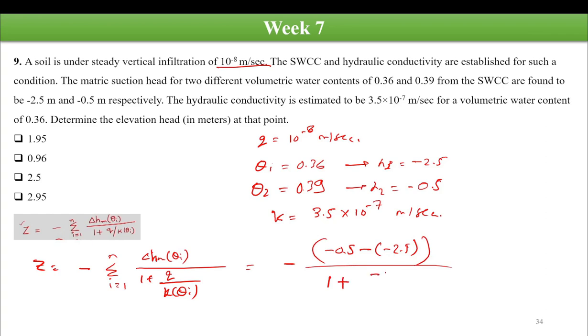The Q value we will take as minus 10 to the power minus 8, and the K value is 3.5 into 10 to the power minus 7. So let's see how we can solve it.